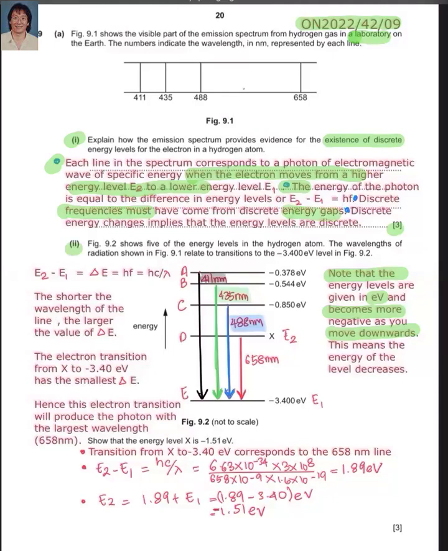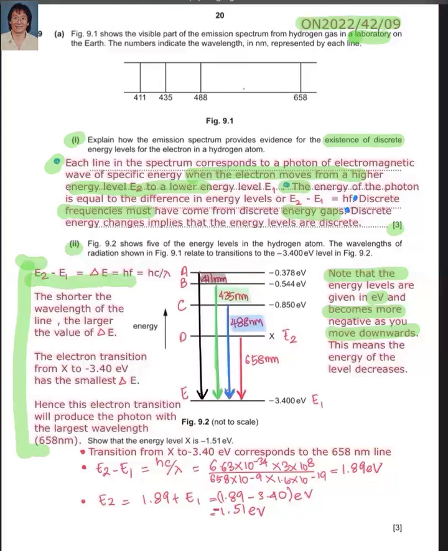Then in part 2, figure 9.2 shows 5 of the energy levels in the hydrogen atom. The wavelength of the radiation shown in figure 9.1 relates to the transition to the minus 3.400 electron volt level in figure 9.2. This is the theory for the question. E2 minus E1 equals delta E, the difference in energy.